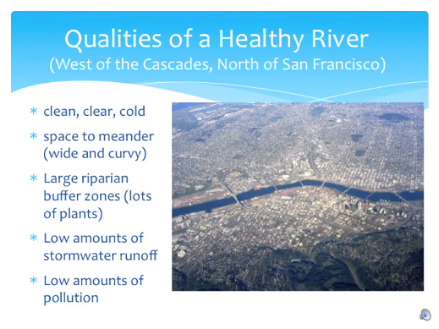So in this watershed, do you think that what's happening in this watershed, what's going on, is going to provide water to the river that is clean, clear, and cold? Probably not very clean, clear, and cold, seeing as it's coming from an urban area. Does this river appear to have space to meander, to be wide and curvy, to flood if it needs to, filter out water from those floods?